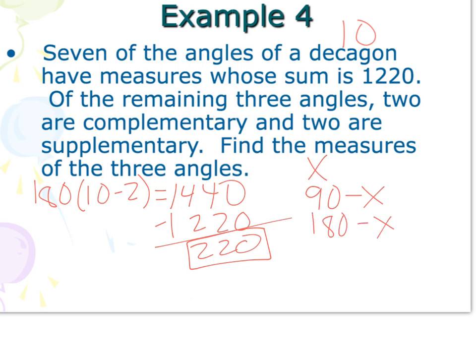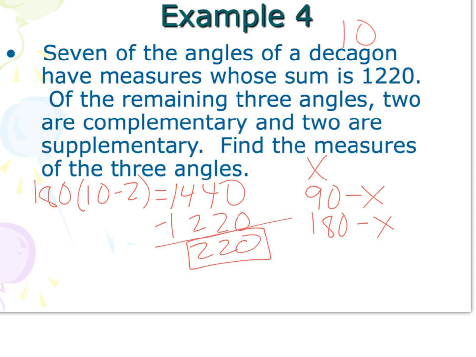So I have a question for you right now. Are these 2 angles right here, x and 90 minus x, complementary angles? Yes, I would say they are, because they add to 90, right? And then this one and this one, are those supplementary? Do they add to 180? Yes. So 2 angles are supplementary, 2 angles are complementary.